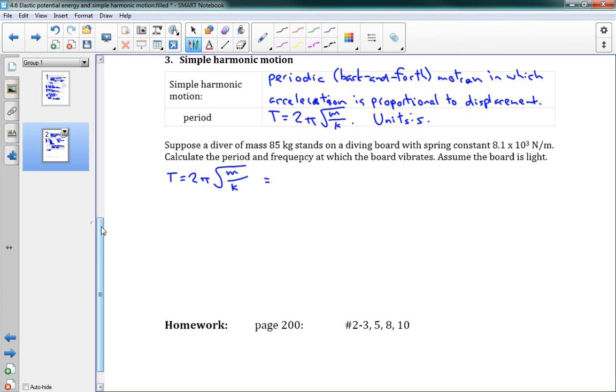So we have 2 pi square root 85 over 8.1 times 10 to the 3. And it's nice and easy when we're given the spring constant. Very little work that we have to do. So we just plug in those numbers and we can find the period is 0.64 seconds.